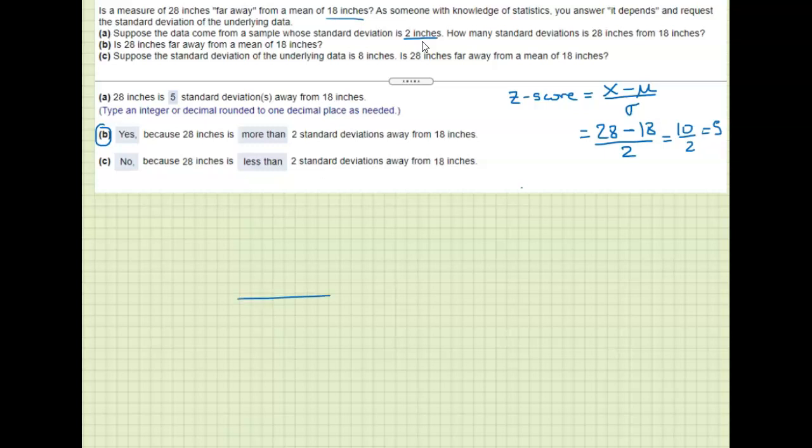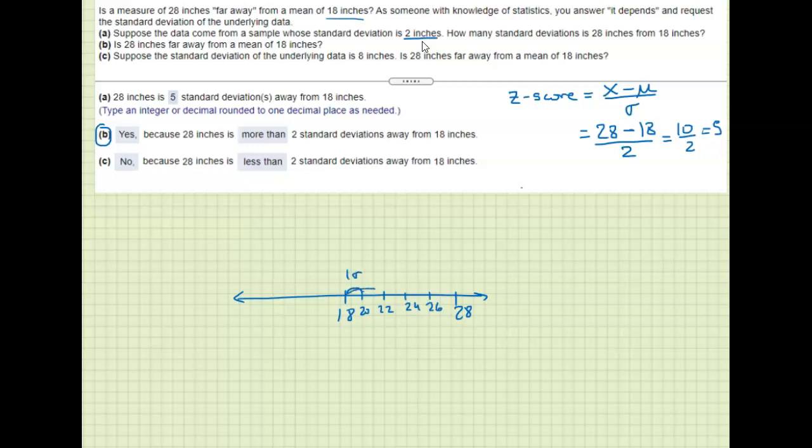If you have the data values and you have 18 here, 28 is far away in terms of how many standard deviations. If you measure things in terms of standard deviations, we have 20, 22, 24, 26, 28. Each of these is 1 standard deviation.